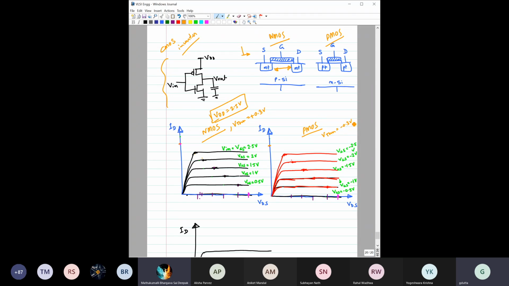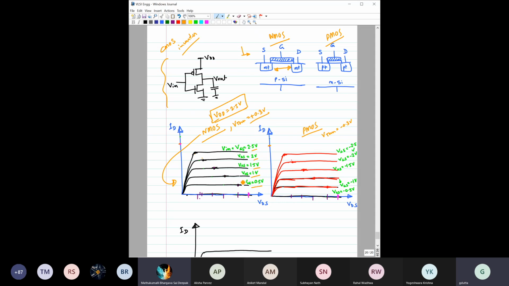So for NMOS, we have started raising our VGS, right? Up to 0.3 volt, there will be no current. Once you increase it a little bit more, current will increase. Let's say for 0.5 volt, the current is like this. Then at 1 volt, 1.5 volt, 2 volt, 2.5 volt, and VDD is 2.5 volt, so we cannot go beyond this, right?